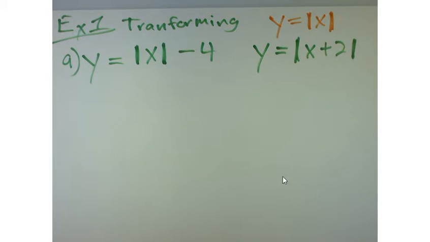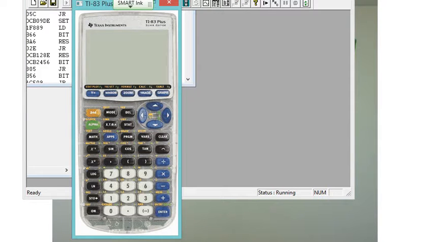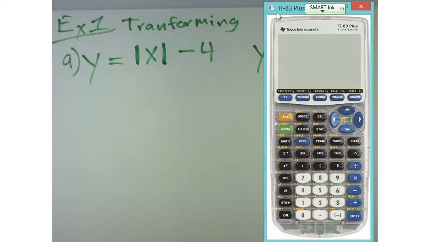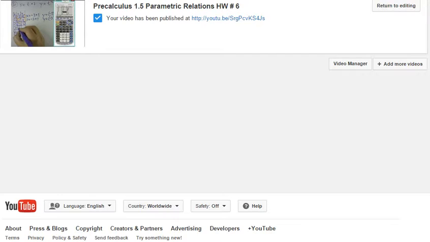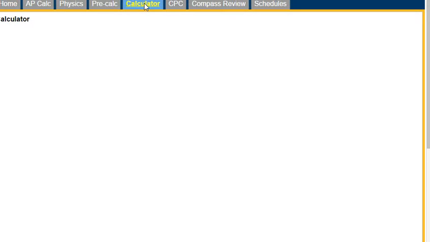The first thing I want us to do is graph the parent function and take a look at it. Actually, I'm going to use a different grapher, the grapher on my website, because it does the graphs in different colors, and maybe that'll be more helpful for you guys to see.